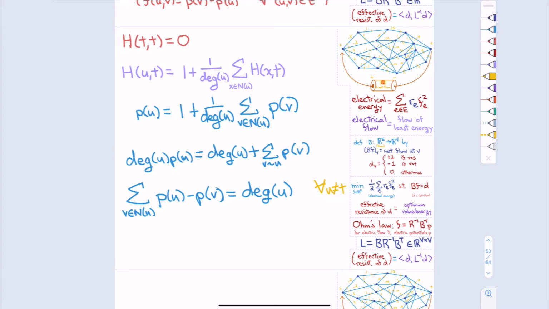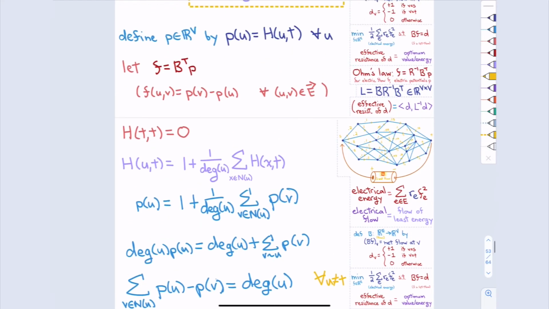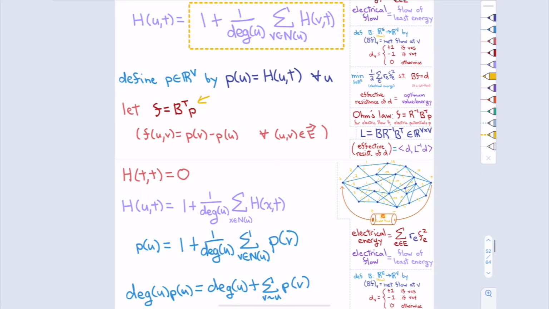Okay. All right. So now what? Well, this equation, F is equal to B transpose P. Okay. If I look at one of these edges, this is equal to PV minus PU if the edge was directed from U to V. Okay.